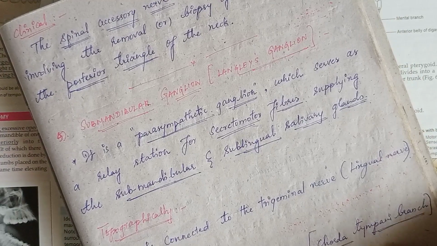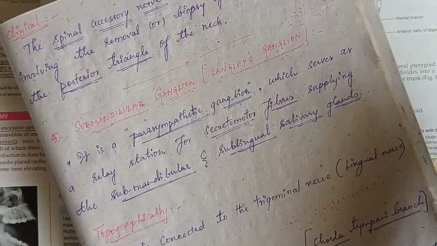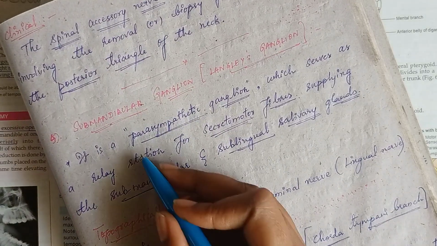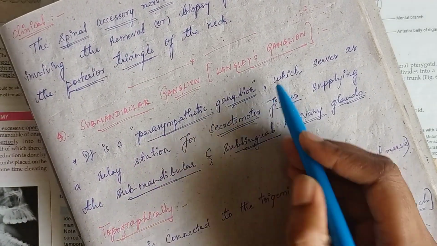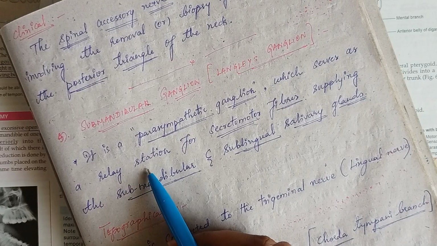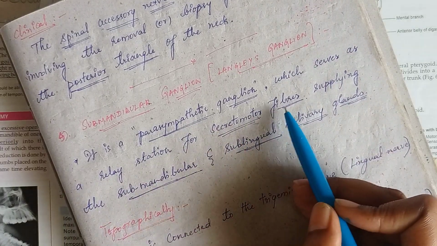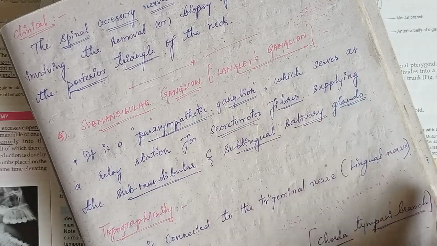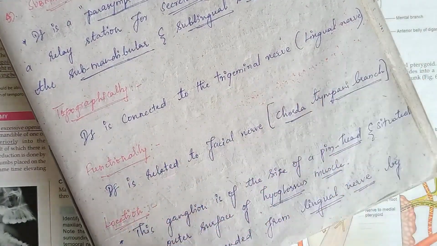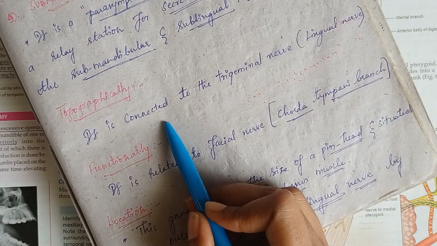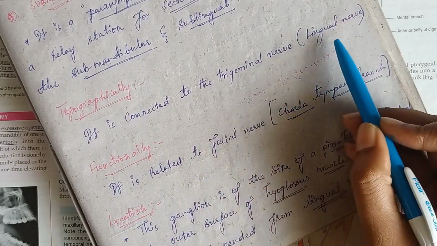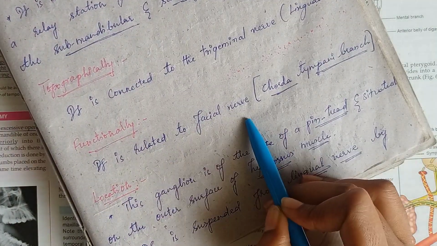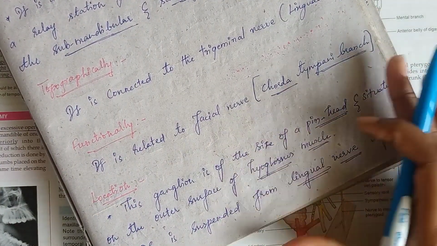The submandibular ganglion is a parasympathetic ganglion which serves as a relay station for secretomotor fibers supplying the submandibular and sublingual salivary glands. Topographically it is connected to the trigeminal nerve, that is the lingual nerve, and functionally it is related to the facial nerve, chorda tympani branch.